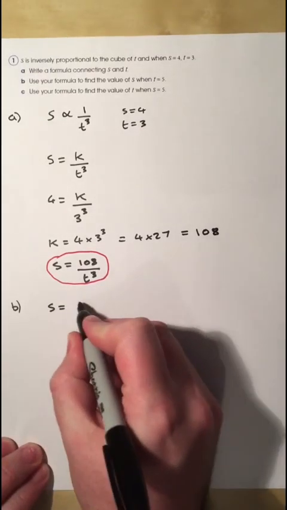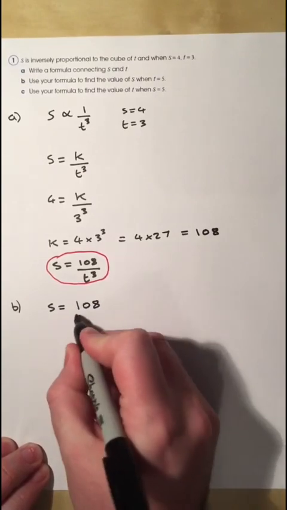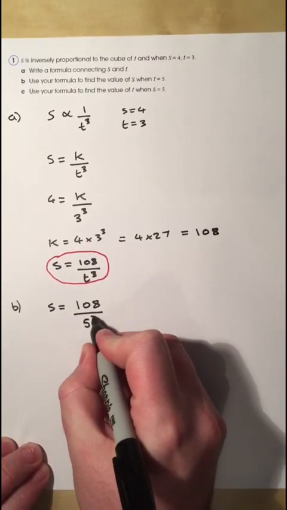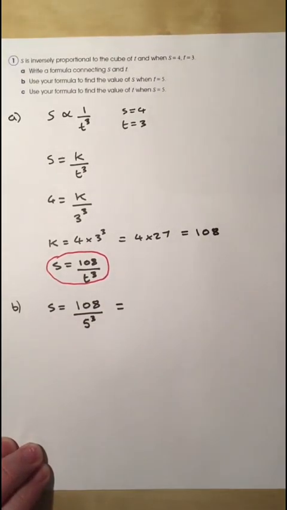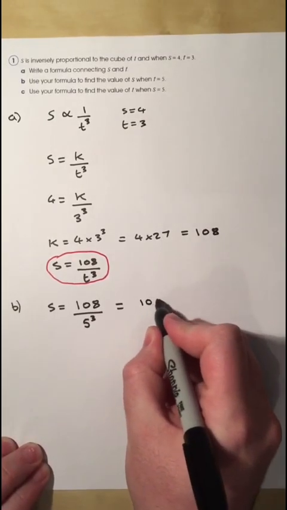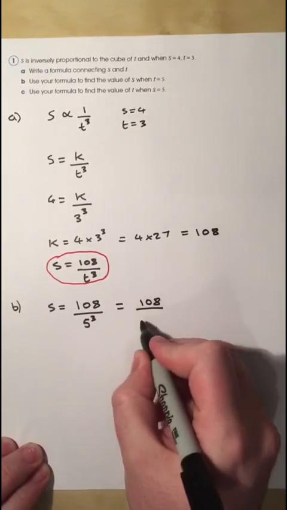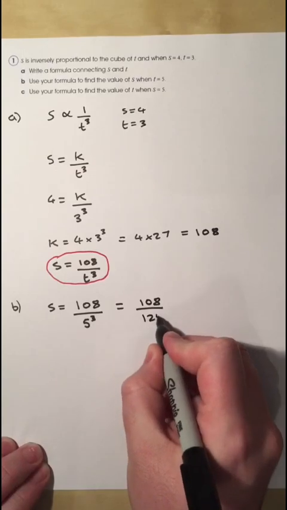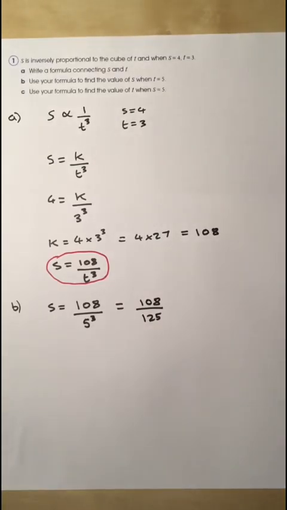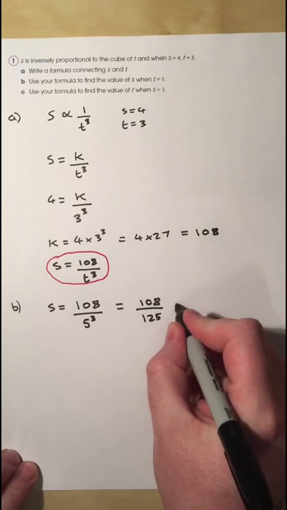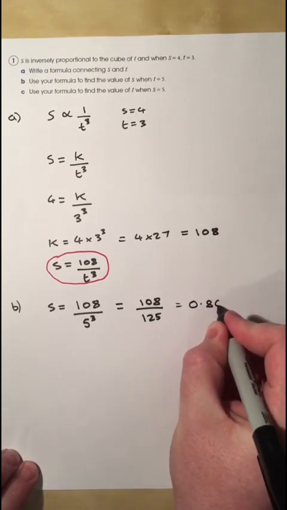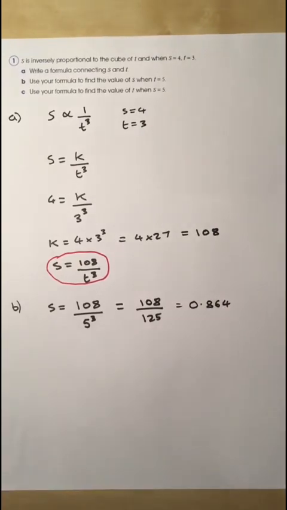So the value of S when t equals 5 becomes 108 over 5 cubed, which is 125. And using a calculator, 108 divided by 125 equals 0.864. It's not a whole number, it sometimes won't be.